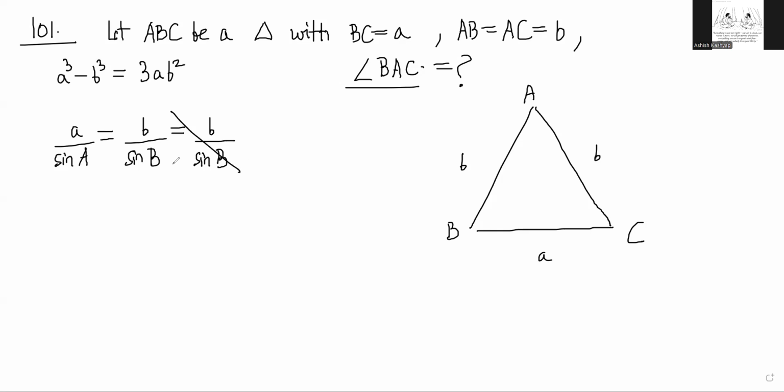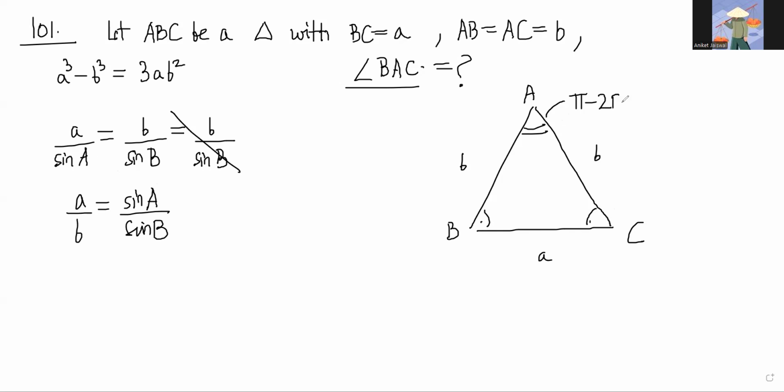The angle A is 180 minus 2B. So we are getting a by b is equal to sine A by sine B. And we know this angle is pi minus 2B, so it is sine 2B. Then 2 sine B cos B by sine B.